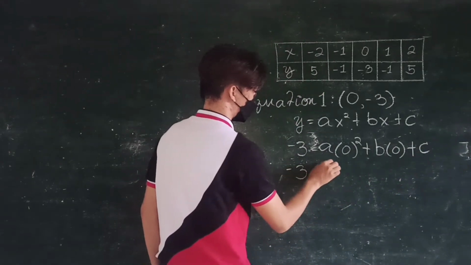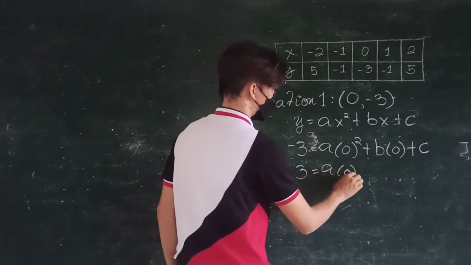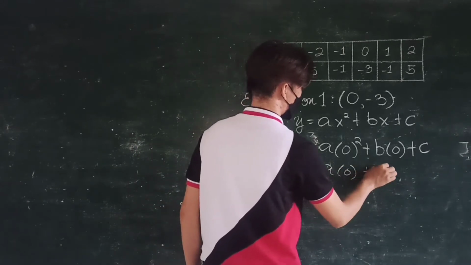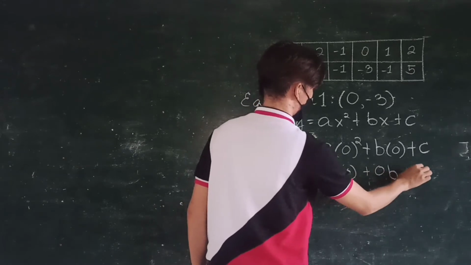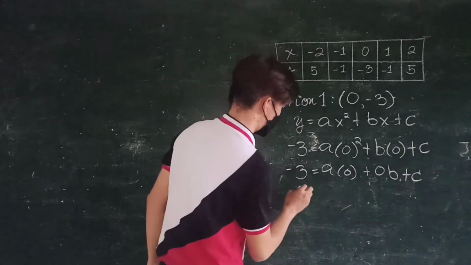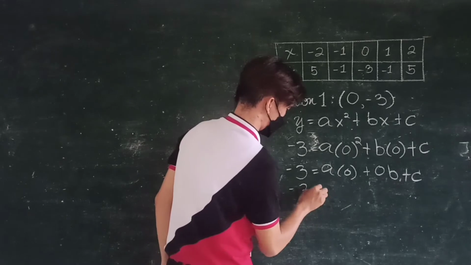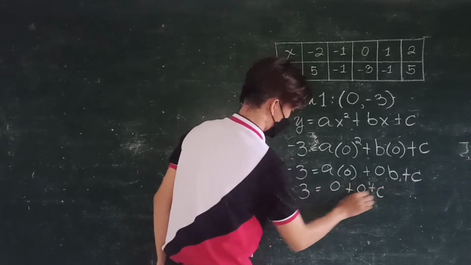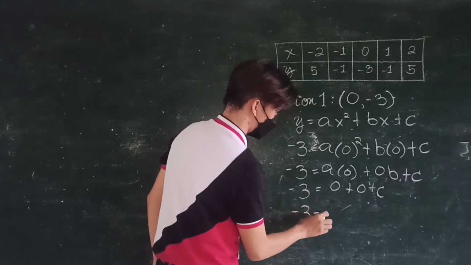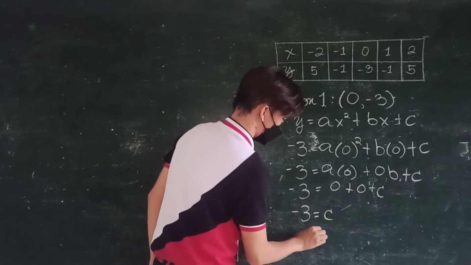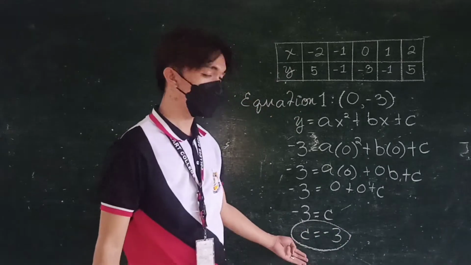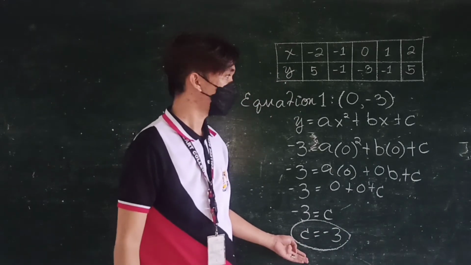Negative 3 equals a times 0 plus b times 0 is 0b plus c. So negative 3 equals a times 0 is 0 plus 0 plus c. Negative 3 equals c. So our first equation gives us the value of c, which is negative 3.